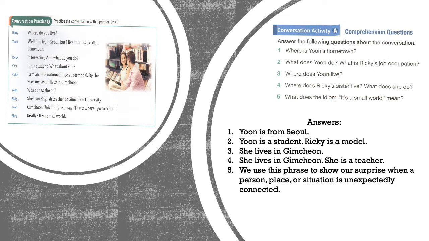That's a big coincidence. And I wouldn't expect that one of my students lived in Chicago before. So I would say, oh, wow, it's a small world. Okay, so that covers conversation practice and the comprehension questions. Let's move on to the next slide.